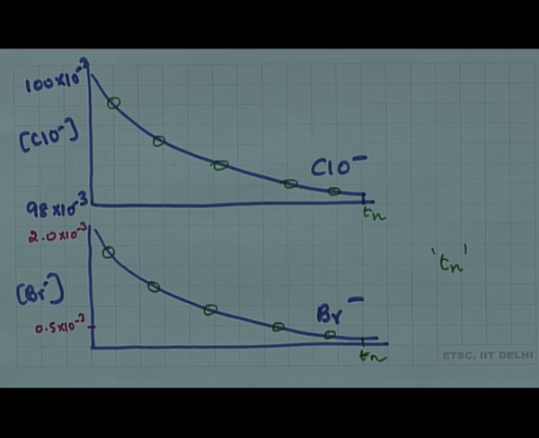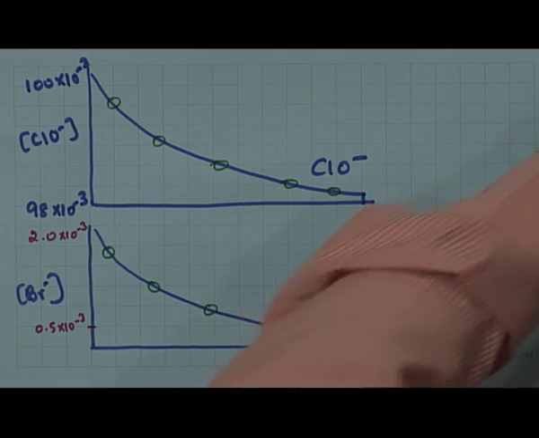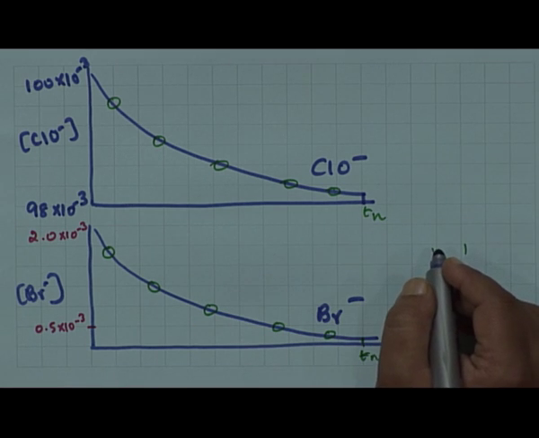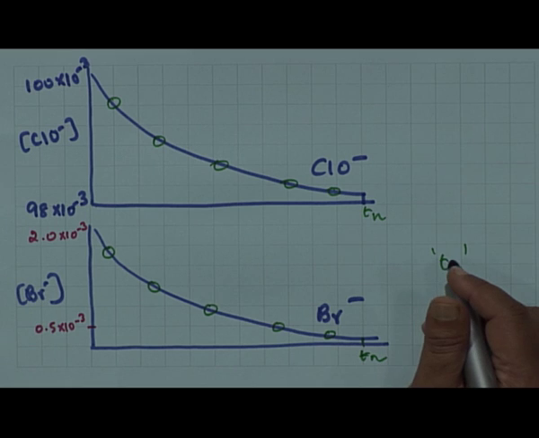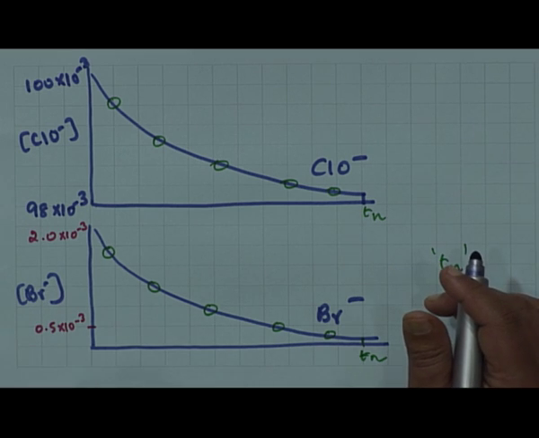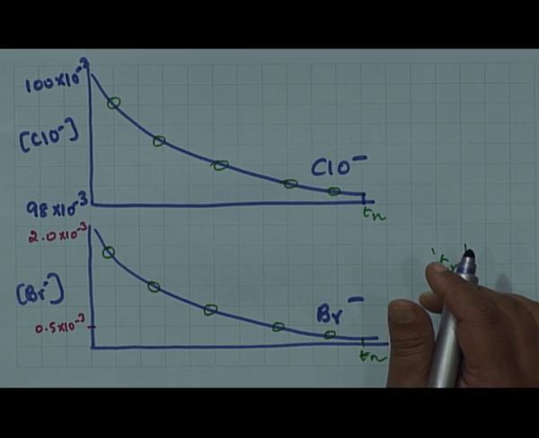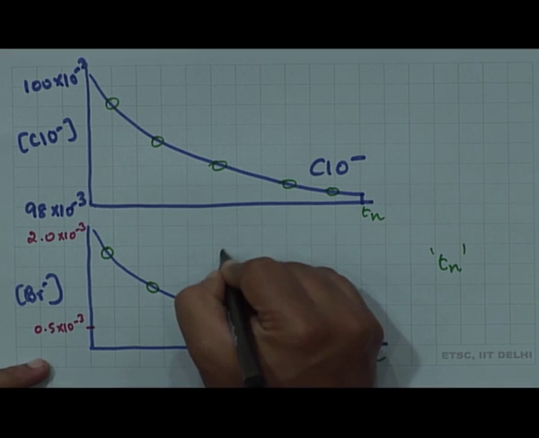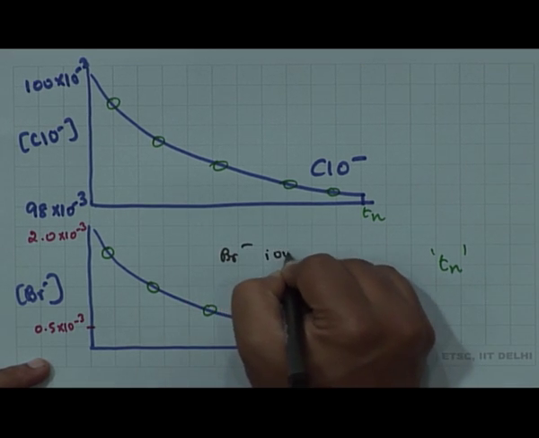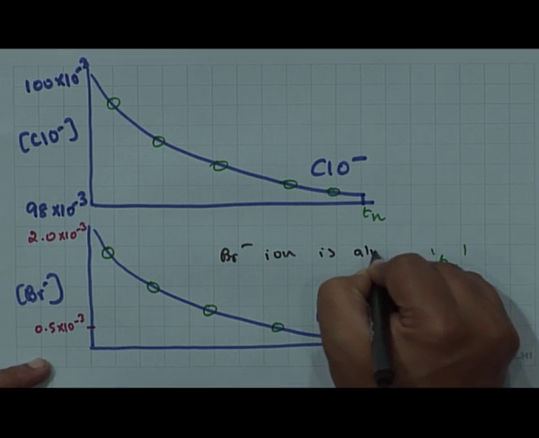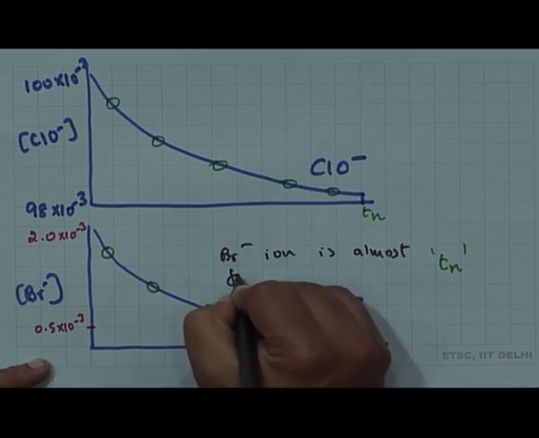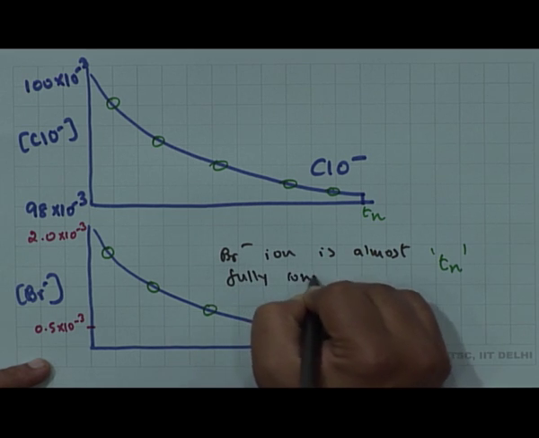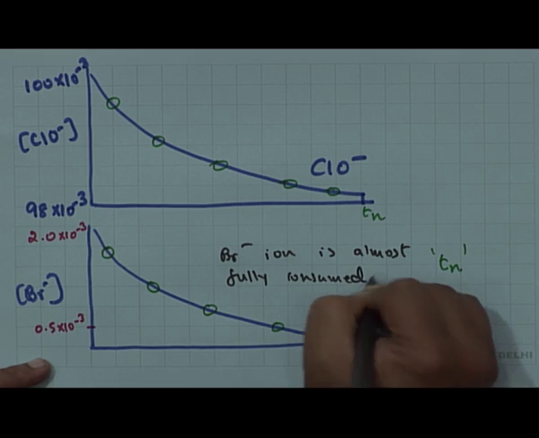Okay. We have been consuming the same amount of both because it is related by the stoichiometry of the equation, but something much more important has to be understood out here. What is that? What you will see out here is that the bromide, being of limited quantity, is almost fully consumed. So I can write the bromide ion is almost fully consumed.